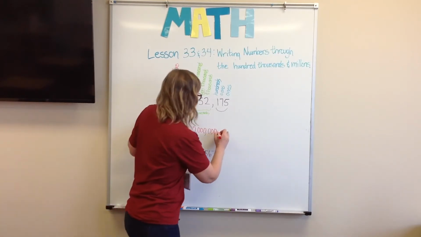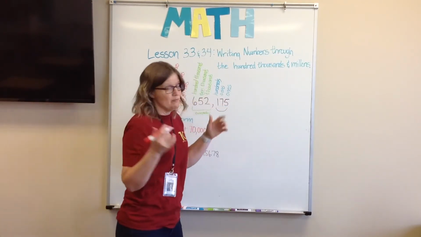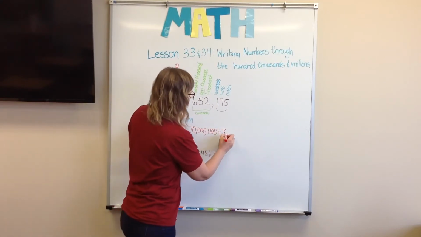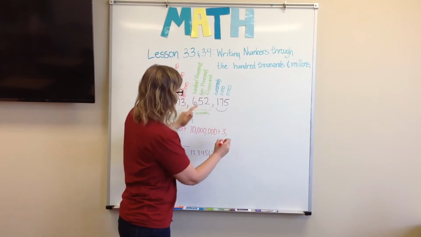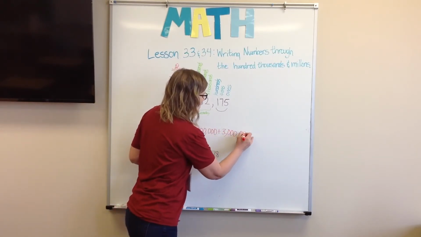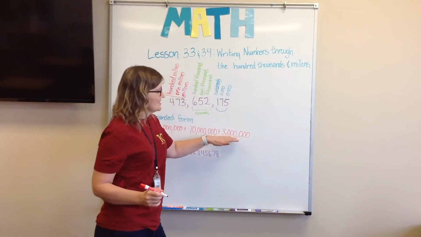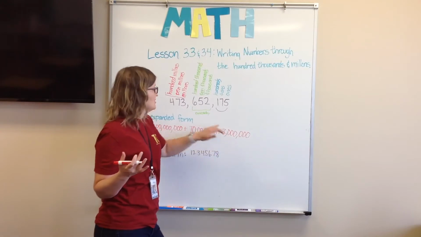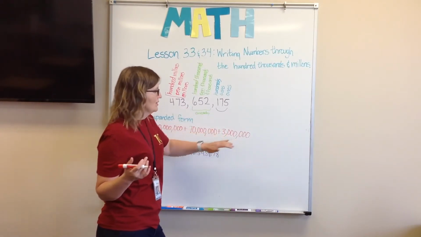Next one is just 3 million. So we take our 3 and put 6 zeros. When you see 6 zeros, that's a cue: oh, we're in the millions bracket now.